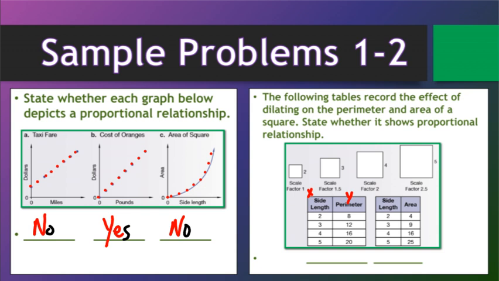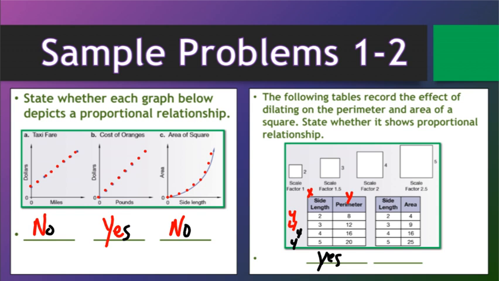So 8 divided by 2 would give us 4. 12 divided by 3 would give us 4. 16 divided by 4 is 4. 20 divided by 5 is 4. So this one, yes, it is a proportional relationship.